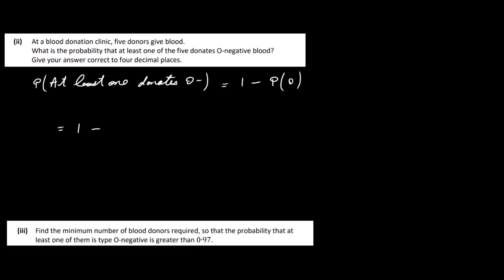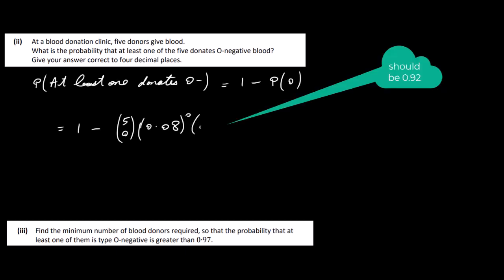So it's going to be 1 minus, we have 5 people donating blood, so it's going to be 5 choose 0, 0.08 again, to the power of 0 this time, and 0.92 to the power of 5 minus 0, which is 5. So this is our probability here.